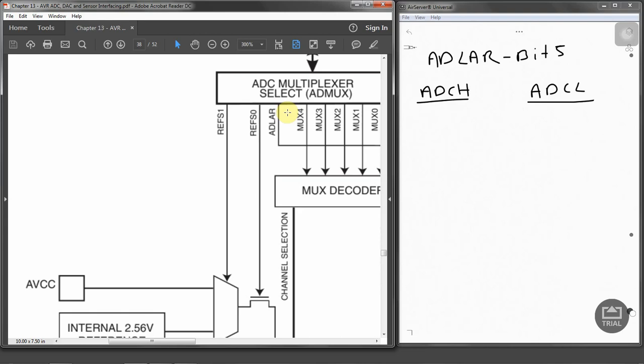As we already said, in this case we have got a 16-bit output register, but the ADC is giving us only a 10-bit output.